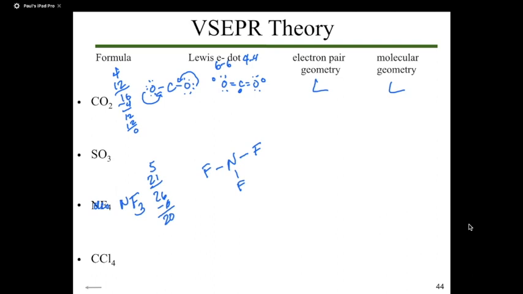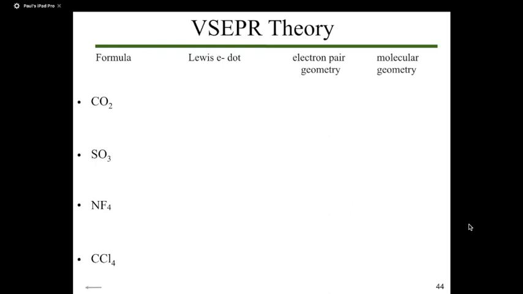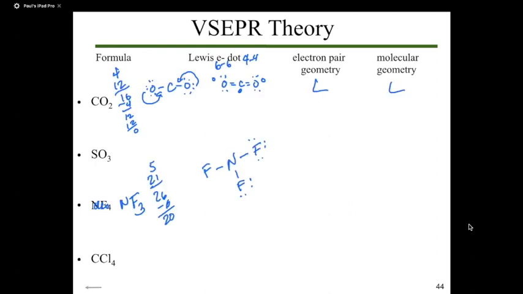Fulfill octet on every atom on the outside. 1, 2, 3, 4, 5, 6. 1, 2, 3, 4, 5, 6. 1, 2, 3, 4, 5, 6. I've used 18 electrons at that moment in time. I have 2 left.